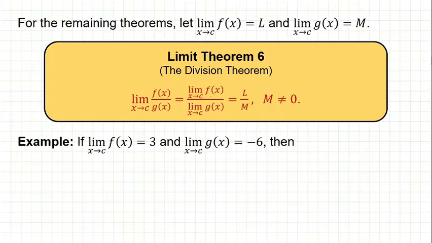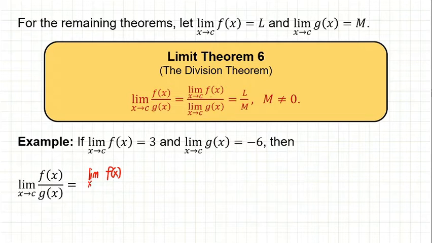Example, suppose the limit of f of x as x approaches c is 3, and the limit of g of x as x approaches c is negative 6. Then, let's solve the limit of the quotient of f of x and g of x. So according to the theorem, we will just take the limit of the numerator and the denominator.